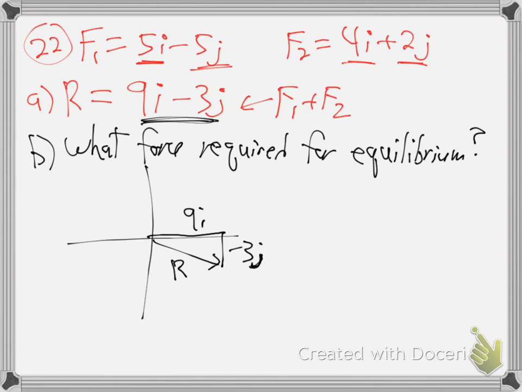That's the resultant force. So if you have an object that is being pushed down to the right, it's going to move down to the right unless it has another force going. Do you know any of Newton's laws?